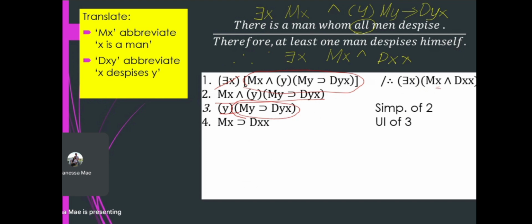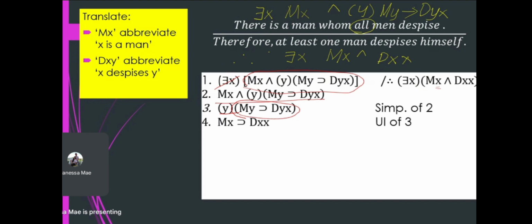Meaning x and y are just the same, so we can substitute it as x. So the for all y here in 3 became x, since we have to end up with there exists at least one man that despises himself.